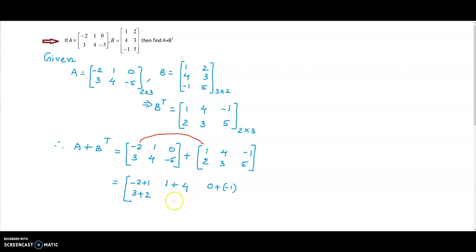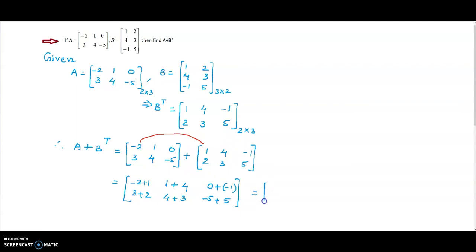Then the next element is 4 plus the next element of the second matrix is 3. And the last element of the first matrix plus the last element of the last matrix. So addition is done purely on the basis of corresponding elements added together. First element of the first matrix plus first element of the second matrix, second element of the first matrix plus second element of the second matrix. Same way, corresponding elements of both the matrices are added together.